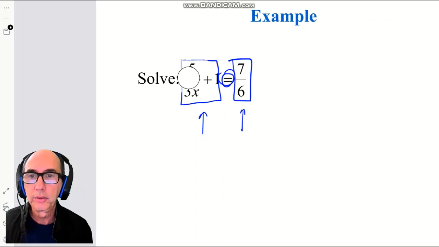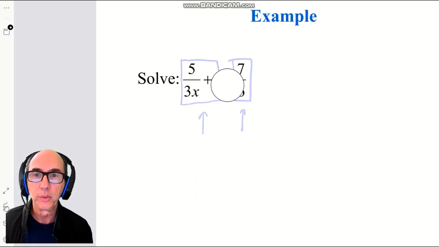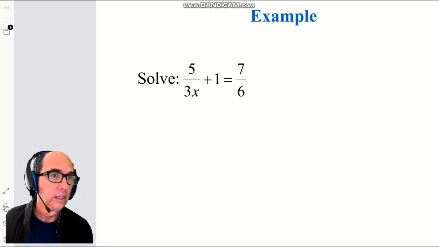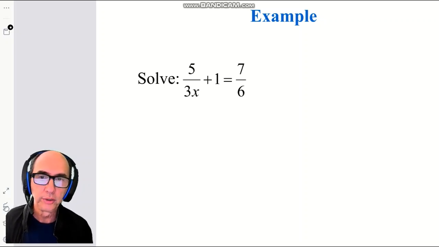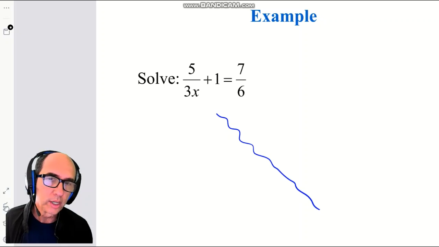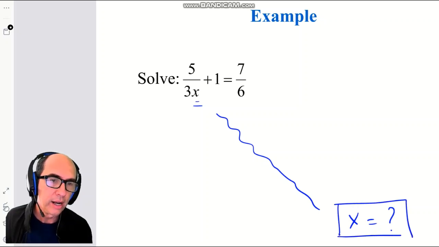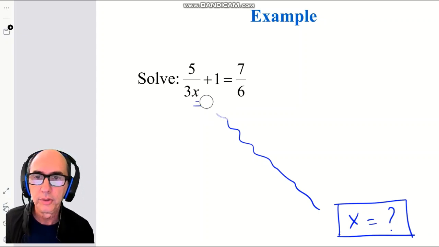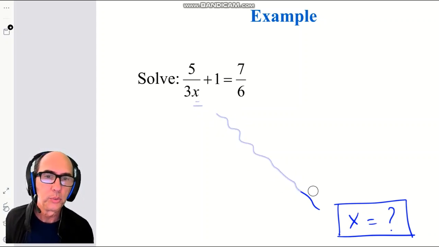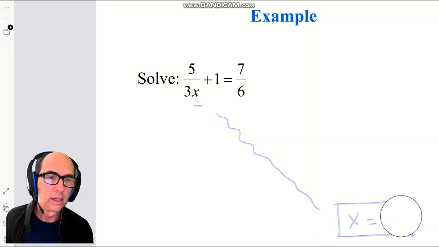So an equation is something that we can solve. The question now is solve. And every time you're solving an equation, at the end, you're going to find x, the variable, equals something, okay? Solving the equation means finding the value of x for the equation. All right, this is just a review. Now we will solve this rational equation.